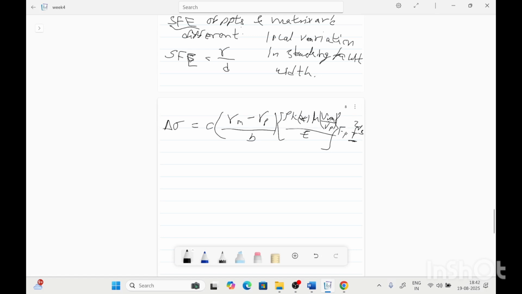The small f is the volume fraction of the precipitates. The capital F1 is a complex function of the stacking fault width and the precipitate size.